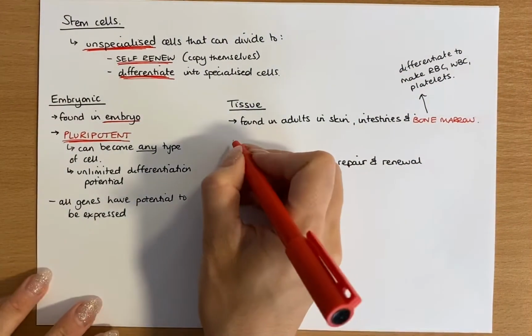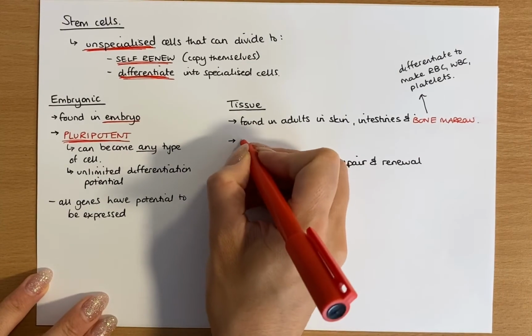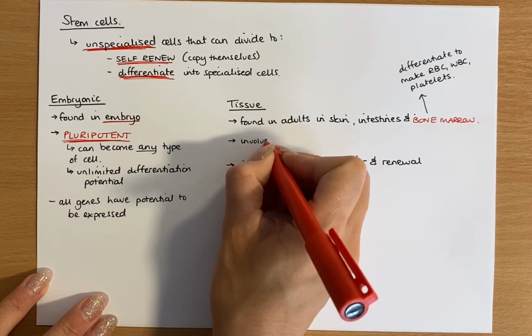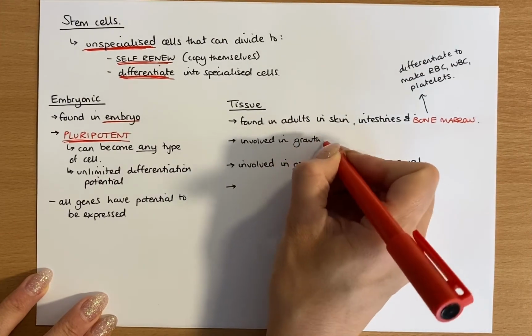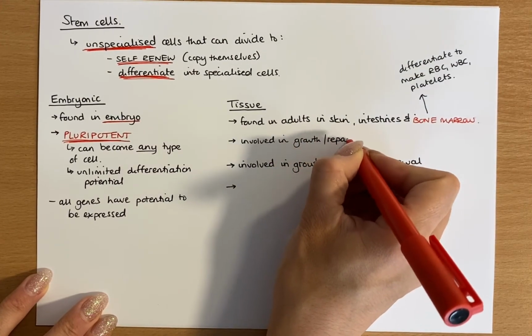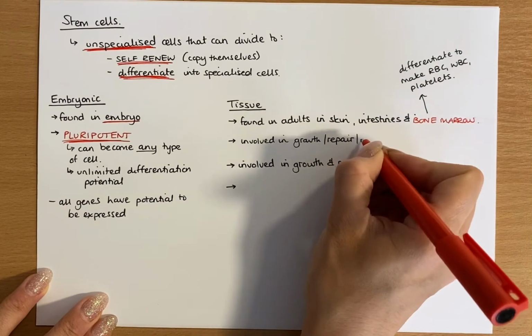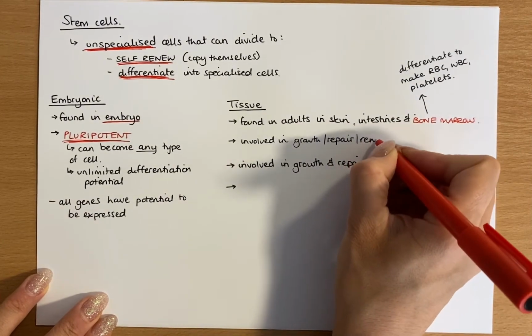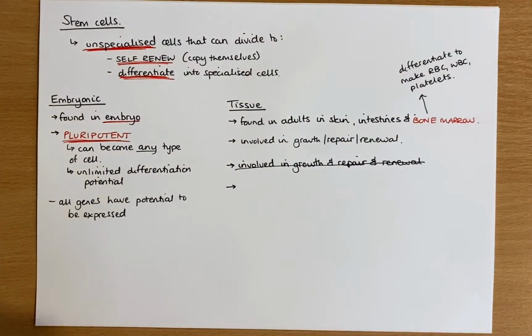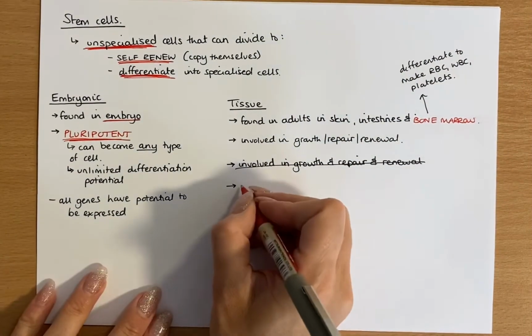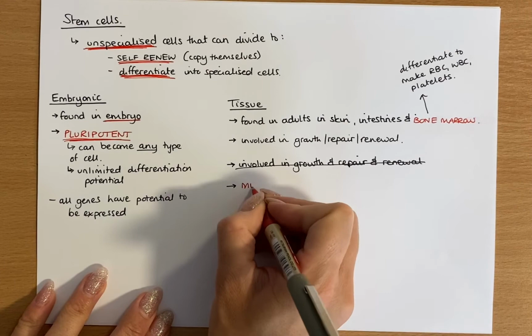Now these tissue cells are involved in growth, repair, and renewal, which I've actually just written underneath. And these are what is called multipotent.